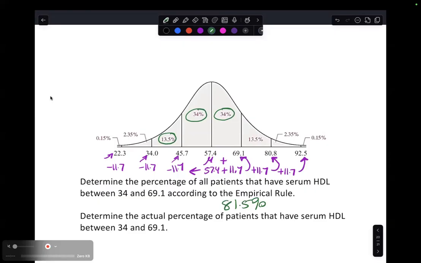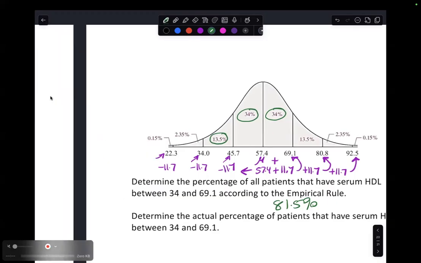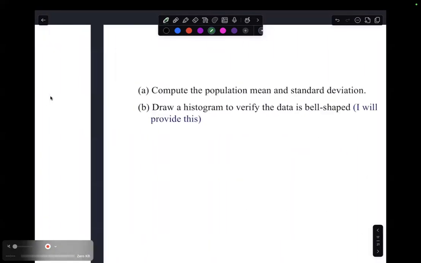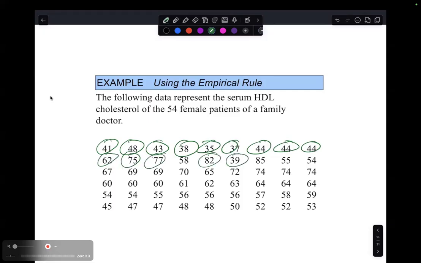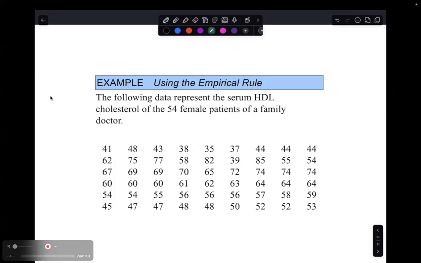So what this wants to know is the actual percent. So we need to go back to our data and see the actual percent. So 34 and 69.1. Okay, let's take a look. I'm going to circle them. It probably would have been easier if I'd crossed off the ones that weren't, so I'm going to do that right now. I'm going to cross off the ones that are not between 34 and 69.1.